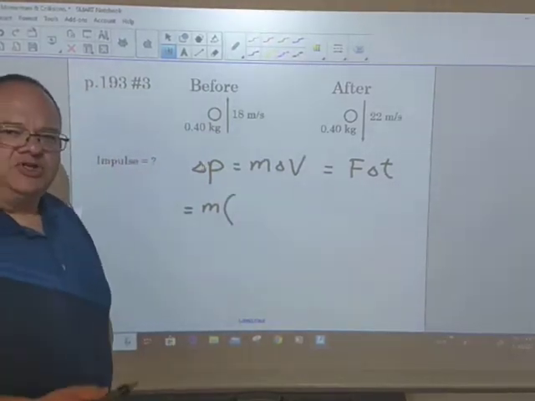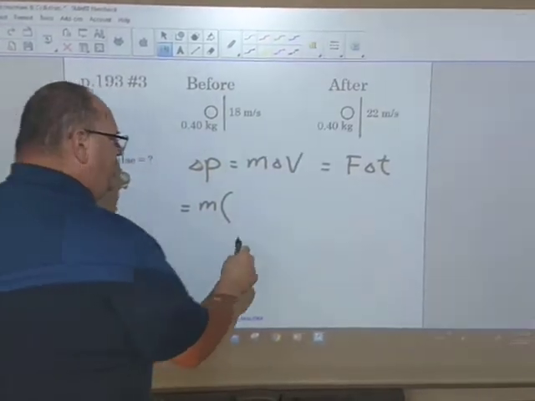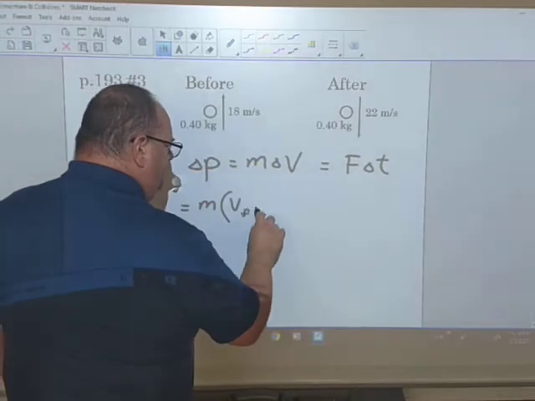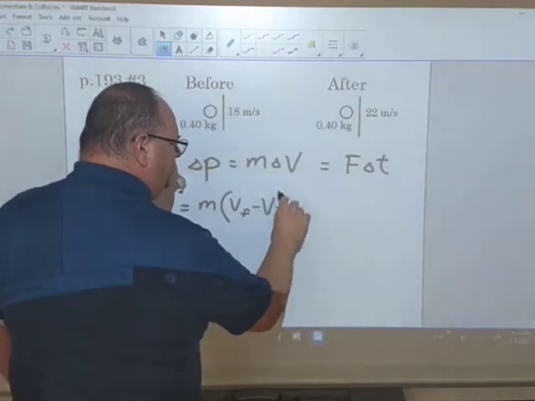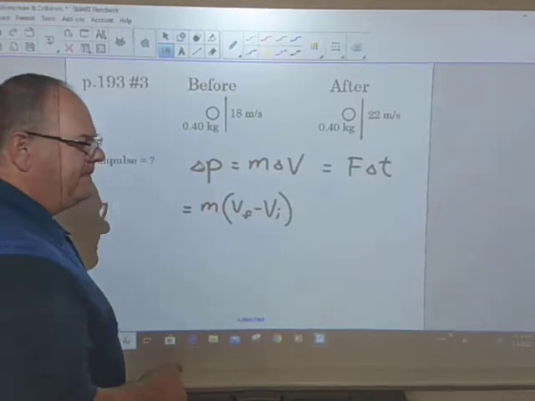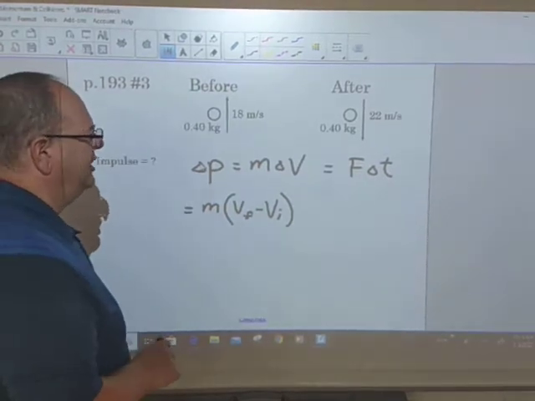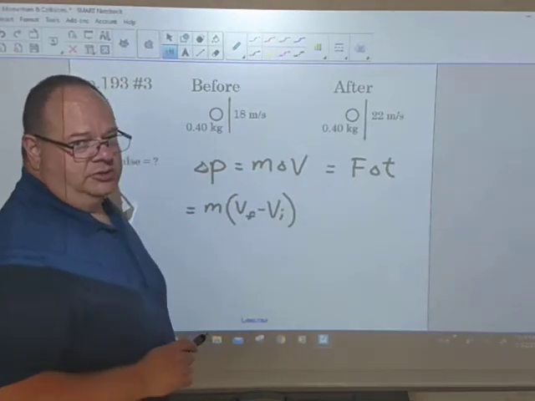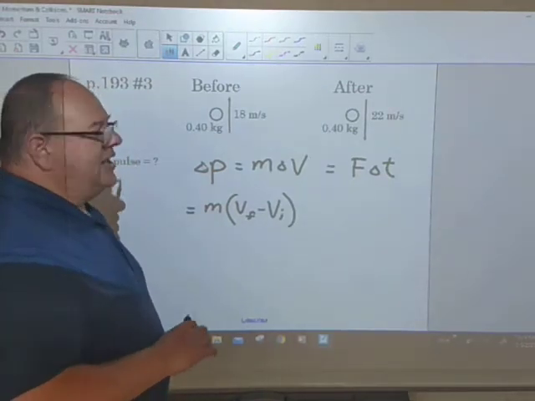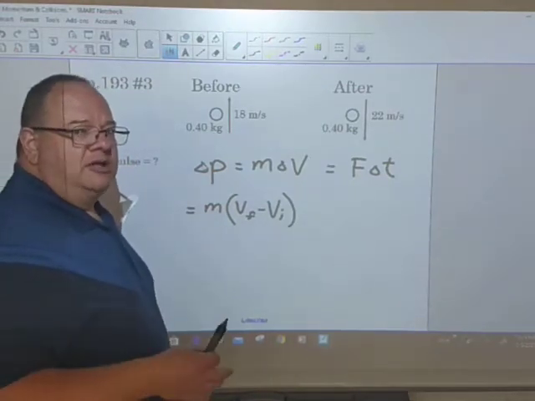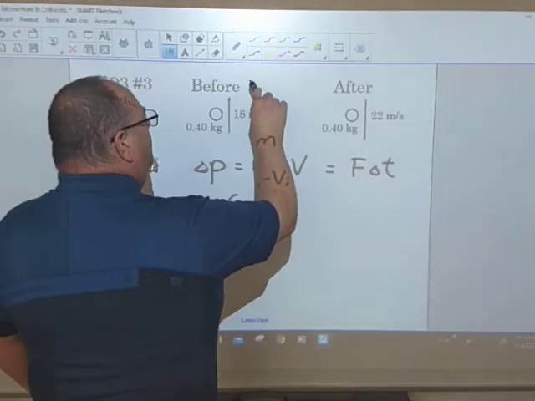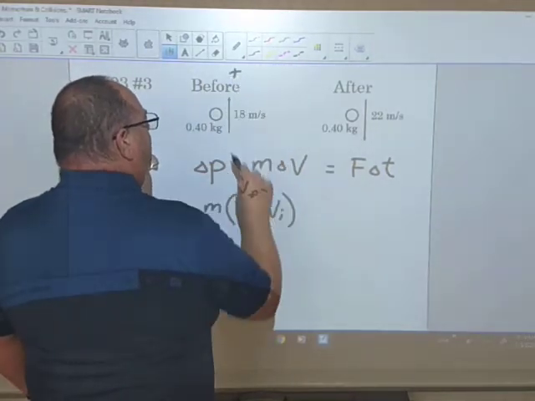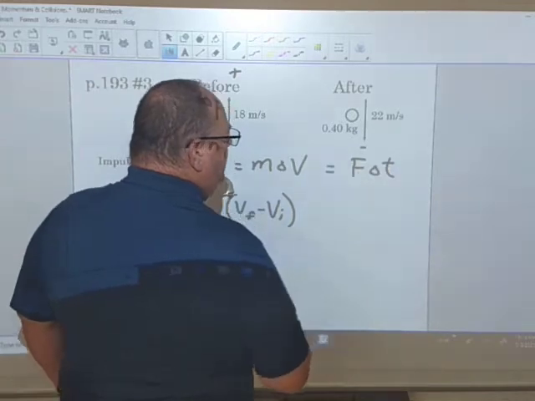How do we find the change in velocity? We have a final velocity minus an initial velocity. What's going to be really important is for you to recognize that these two have direction. The typical standard is that north is the positive direction and south is the negative direction.